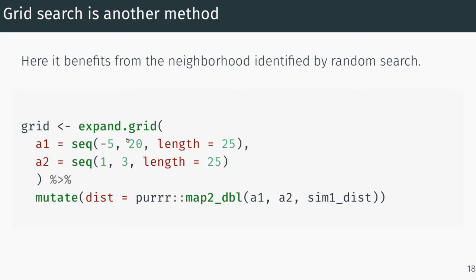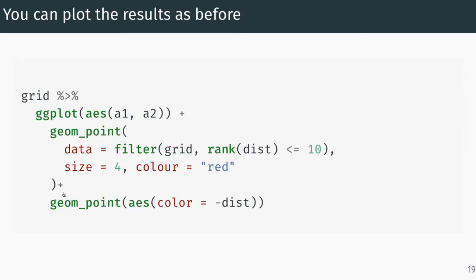And so that's what we're doing. We're creating a finer grid of A1s and A2s, and we're going to subject that finer grid to this same function to see how good it is. And then we're going to just plot it. And this plot is exactly the same plot that we just did, except that it's with the new data.